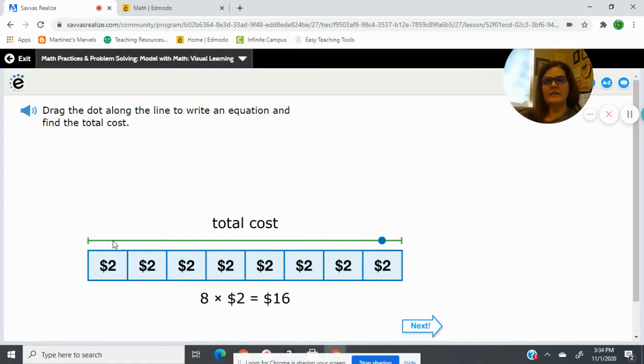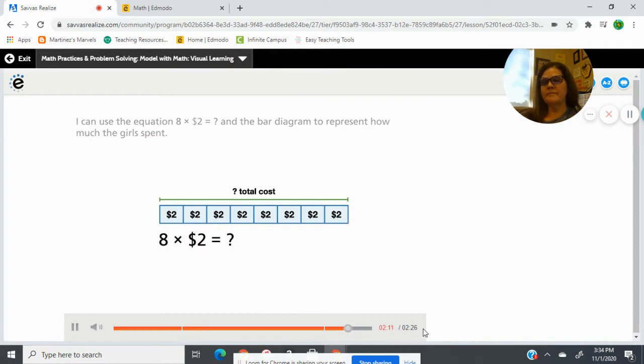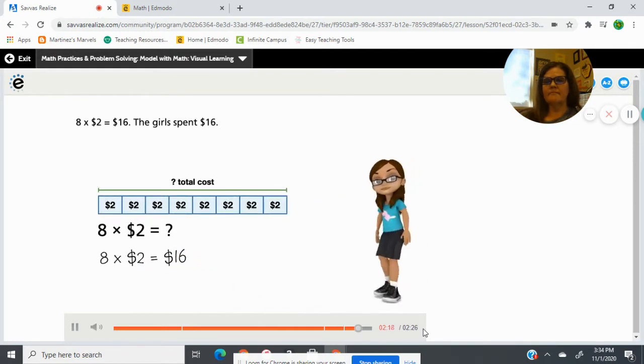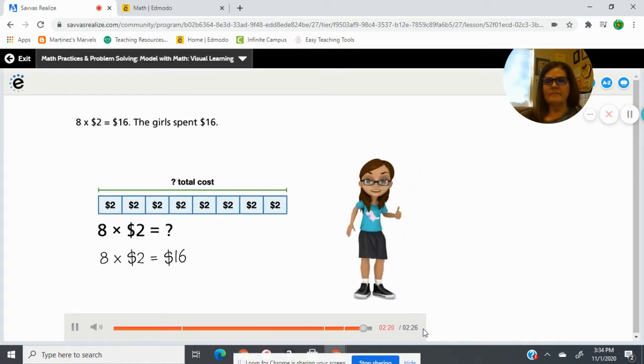And 8 yards is $16. 8 times $2 equals $16. The girls spent $16. Now you know how to model with math to solve a problem with hidden questions.